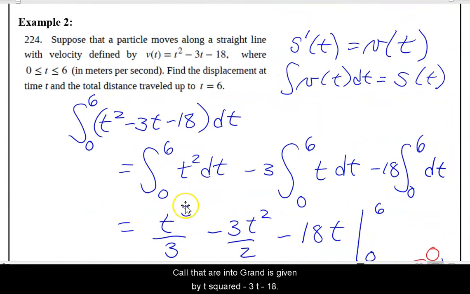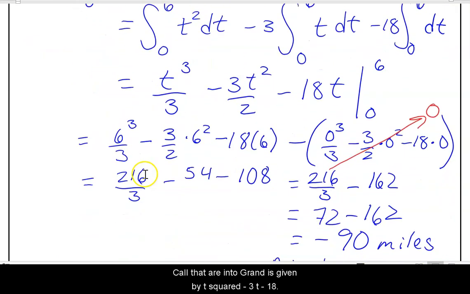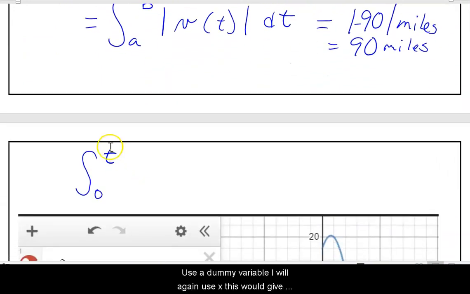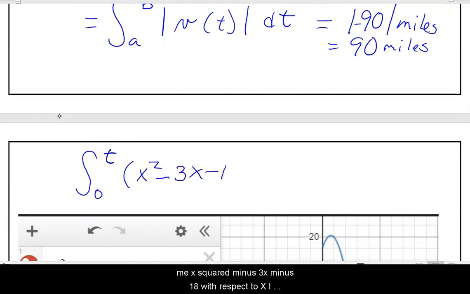Recall that our integrand is t squared minus 3t minus 18. To use a dummy variable, I will again use x. This gives me x squared minus 3x minus 18 with respect to x.